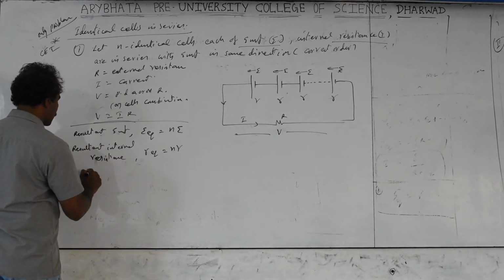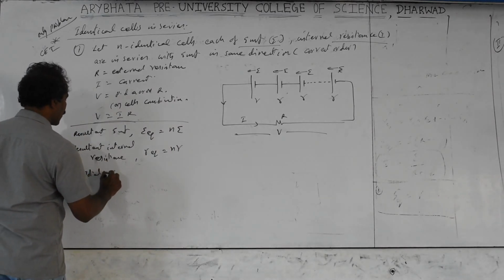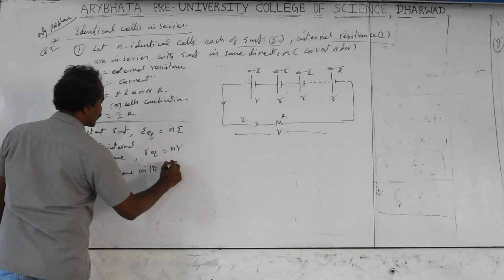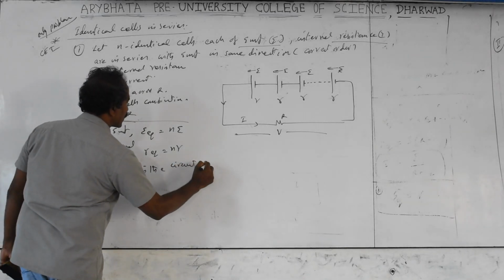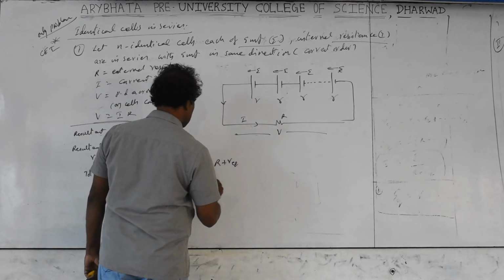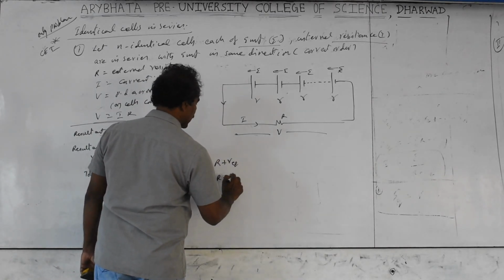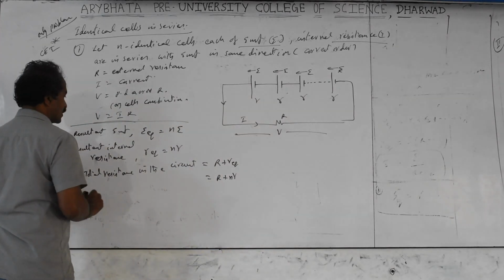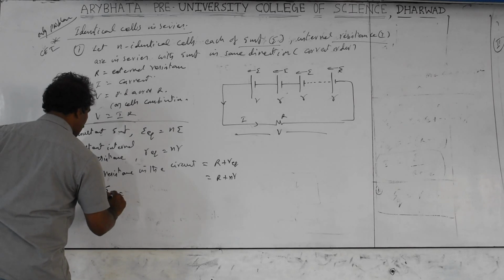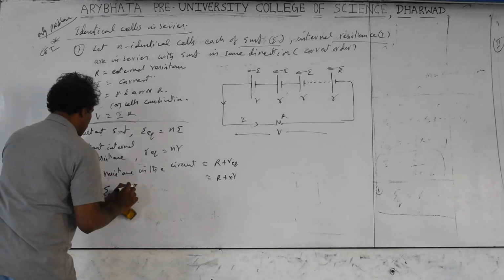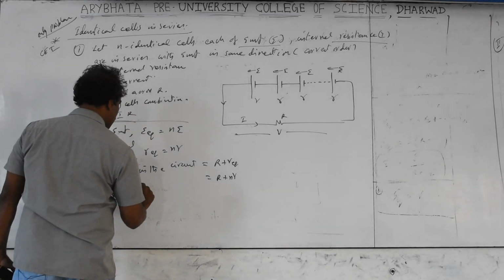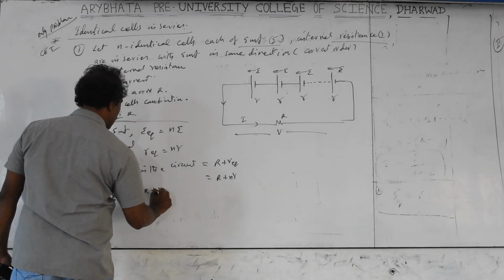Total resistance in the circuit is R plus r equivalent, that means R plus nr. The relation is E equivalent equal to I into total resistance, that means R plus r equivalent.